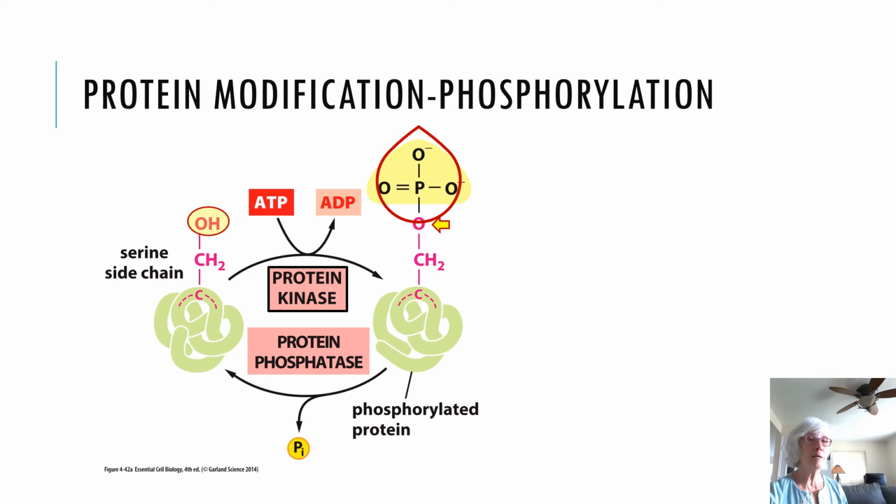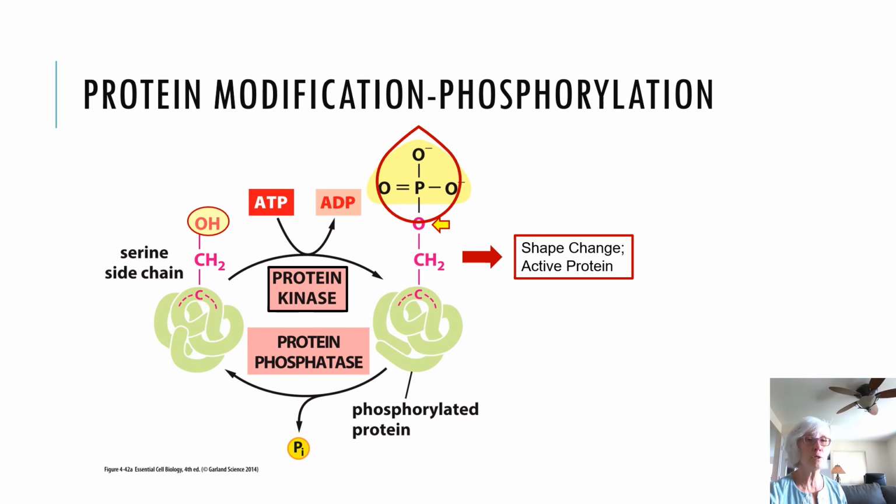In the case of LTP, long-term potentiation, proteins are going to be phosphorylated, and when this phosphate group is transferred to them, they change their shape, and that shape change will result in the protein being active. So the phosphorylated protein is an active protein. Once a protein is phosphorylated, it doesn't necessarily mean that it stays phosphorylated.